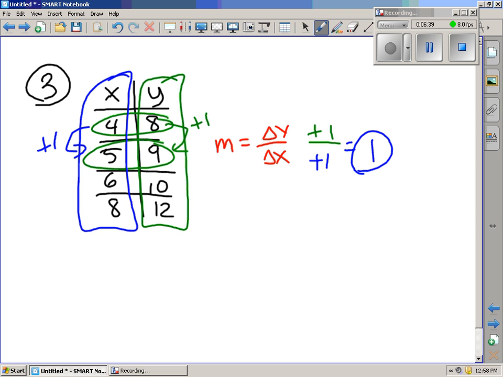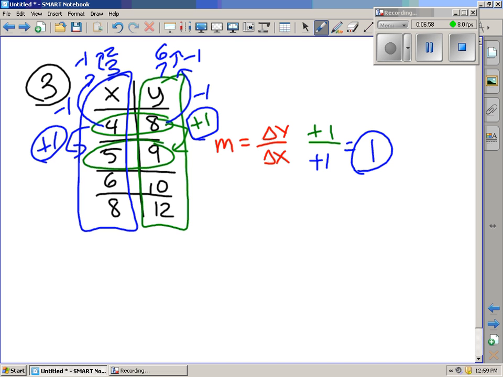So let's go from 4 back to 3, and we subtract 1 to do that. From 8, we go back to 7, and you subtract 1. It's the opposite of going forwards. Then I'm going to go back to 2, and I go back to 6, because again, from each side we're subtracting 1.